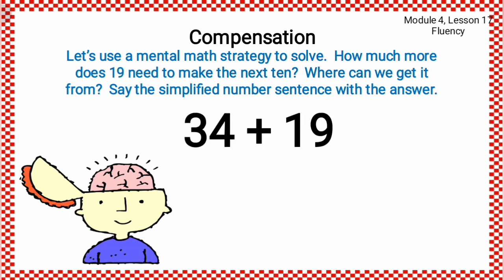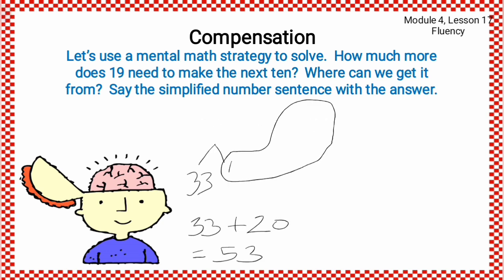Now finally, let's check out this. 34 plus 19. Again, 9, the big number there, is closest to a 10. So I will just need to take away from 34. And what do I need to take? I just need to take 1. So 34 gives 1 over to 19, and becomes 33.